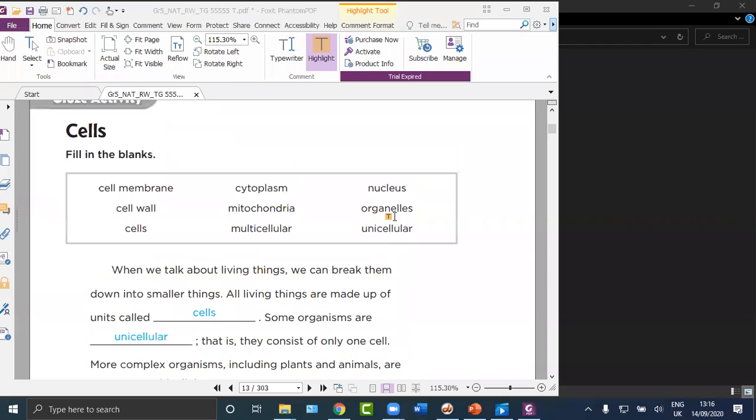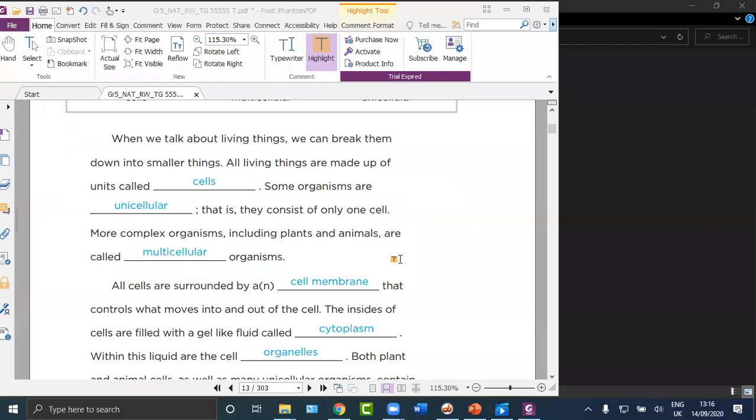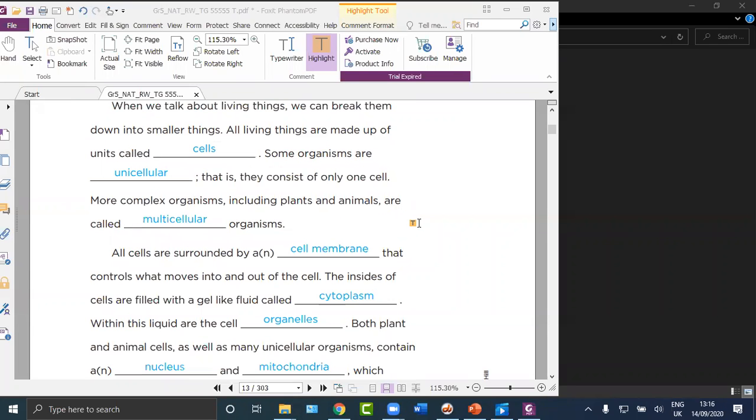Now, page 6. Number 1. When we talk about living things, we can break them down into smaller things. All living things are made up of units called cells. Have you finished?